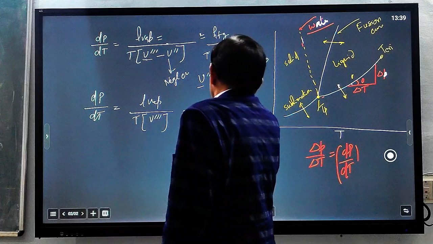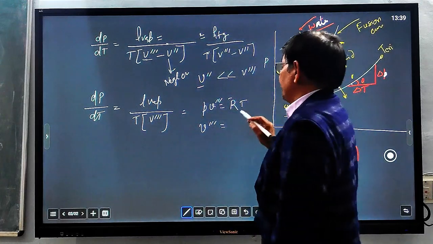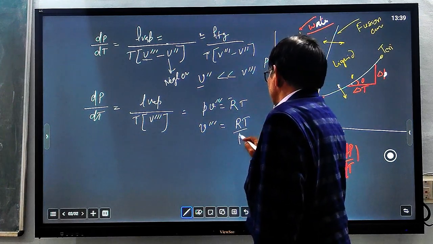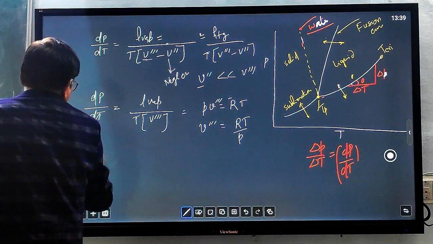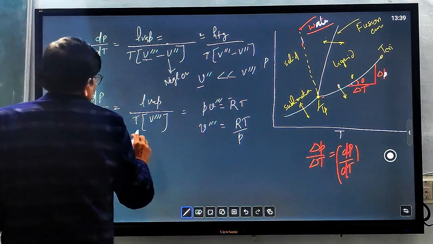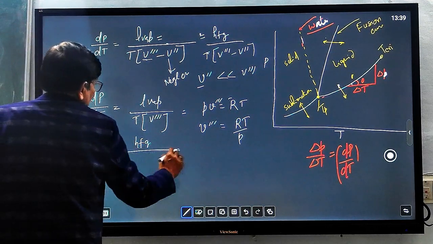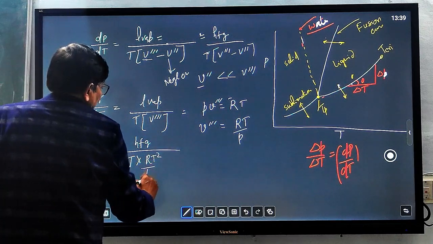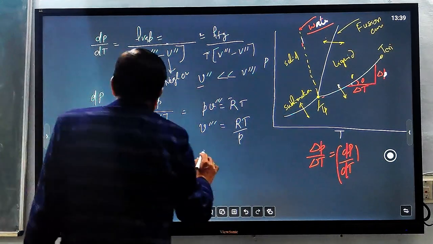So V third, the specific volume of vapor, equals RT by P. Putting in this value of RT by P, dp over dt equals HFG upon T into RT by P.